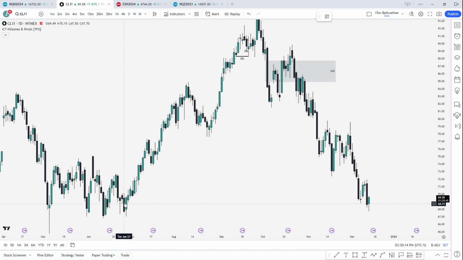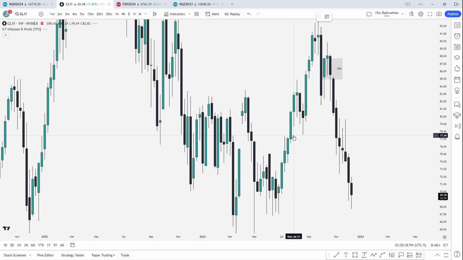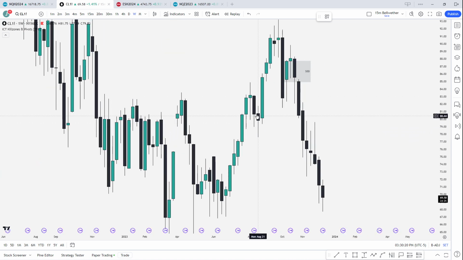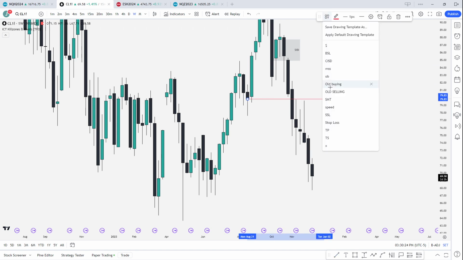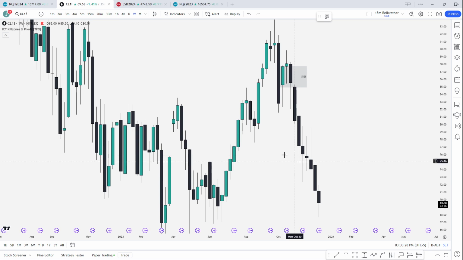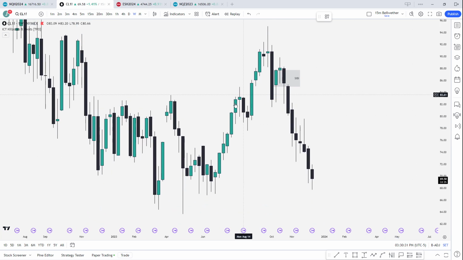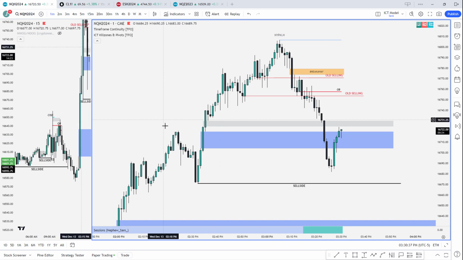I mean, there's not really a clean order block range in here. Actually, if we go to the weekly, maybe it might be better. Here's old selling in here, right? I'll also use that. It's not as important to use it on these higher time frames because you're not going to be trading daily candles. But on lower time frames like 15-minute, 5-minute, it should work.